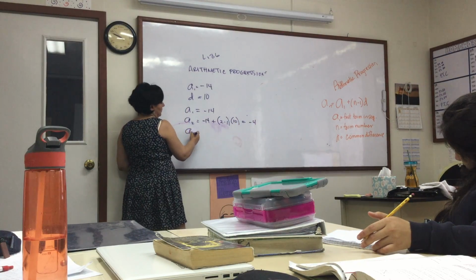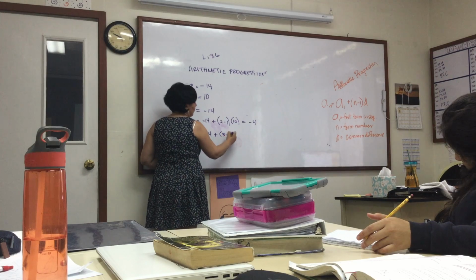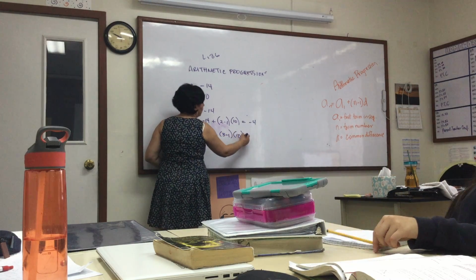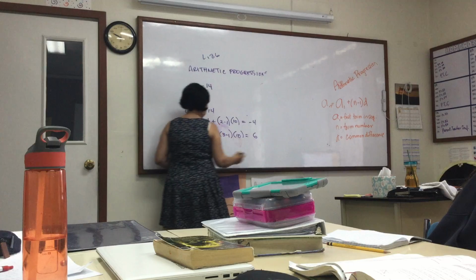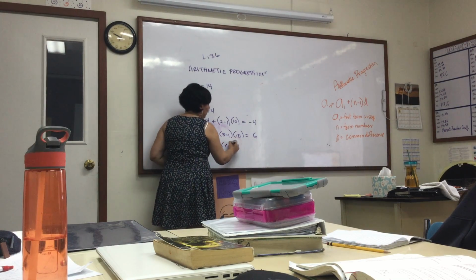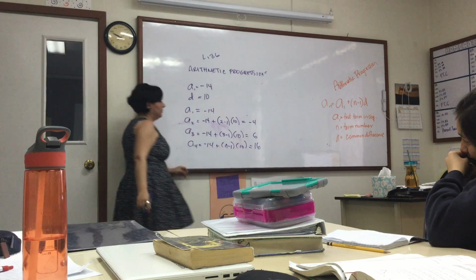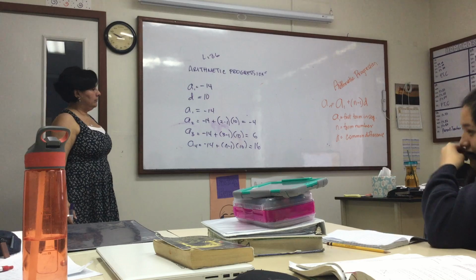A sub 2, A sub 3: minus 14 plus 3 minus 1 times 10, 6, and A sub 4: minus 14 plus 4 minus 1 times 10, 16. Okay. You could just have that.